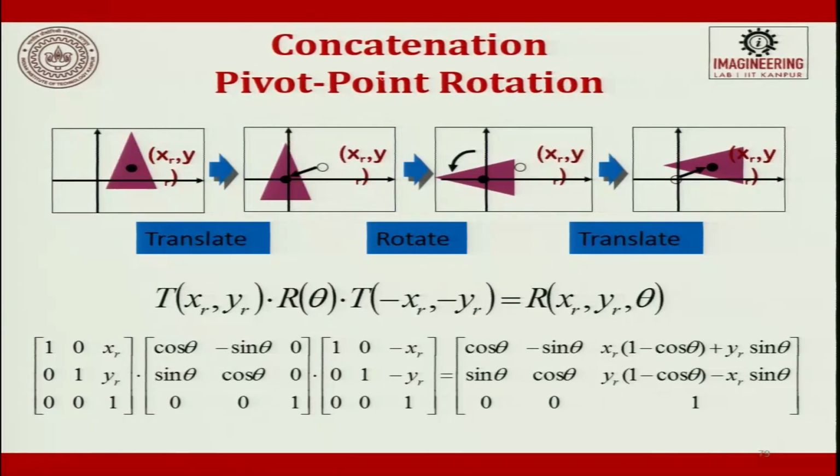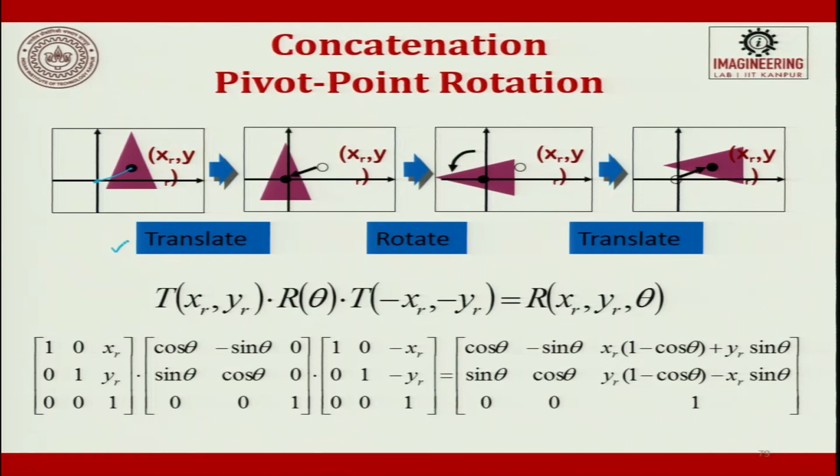Since we are already discussing concatenation, here we will try to do it systematically such that you can see how it happens mathematically in a CAD software. This example is taken to discuss pivot point rotation. Here is a triangle. We first find the center of the triangle, and now we consider it as a pivot point. So, we first move the pivot point to the origin.